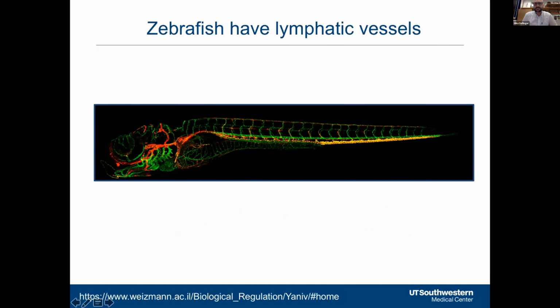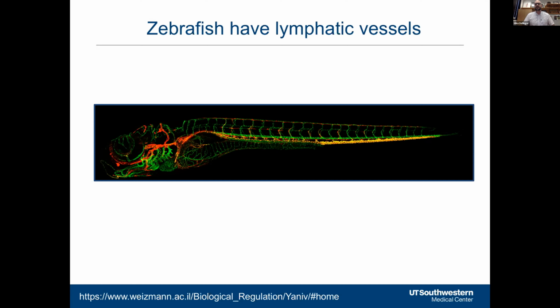So zebrafish do have lymphatic vessels, and they are frequently used to study lymphatic development and diseases of the lymphatic system. And there are several advantages to using zebrafish to model lymphatic disease. You can see here in this picture, this is an image of a zebrafish whose lymphatics are fluorescent. And you can nicely see the entire lymphatic network in this zebrafish embryo.